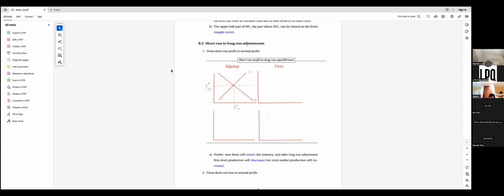And we extend this horizontal line all the way to the right-hand side firm level graph. We label this one MR, AR, and this is also the demand curve, which can represent the firm level price.